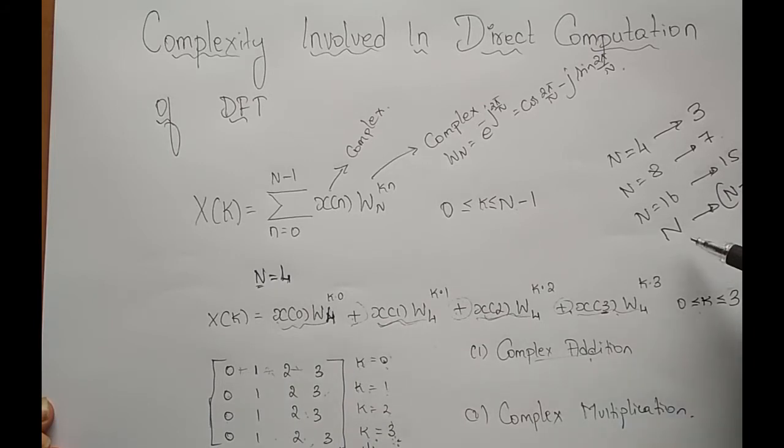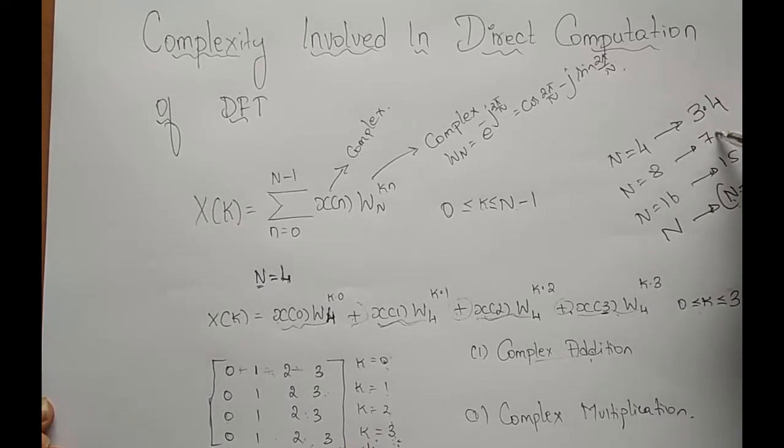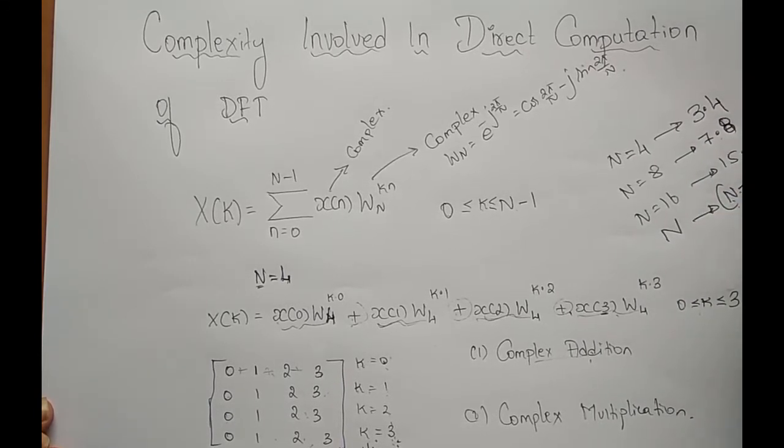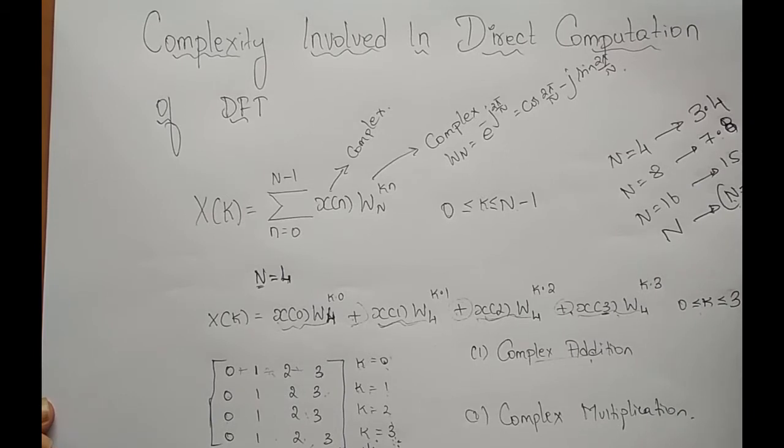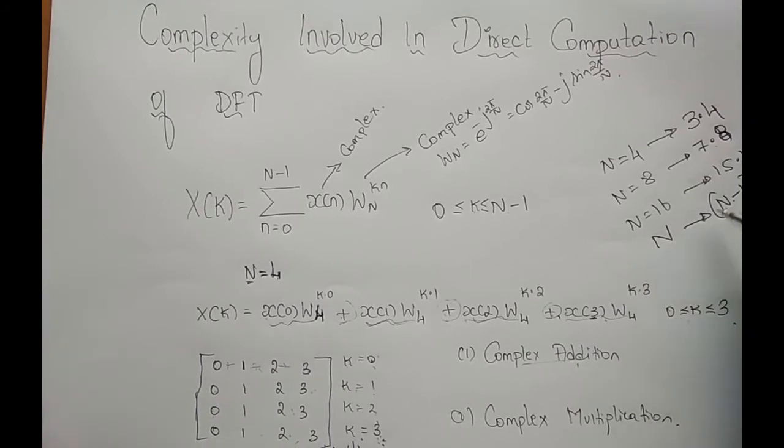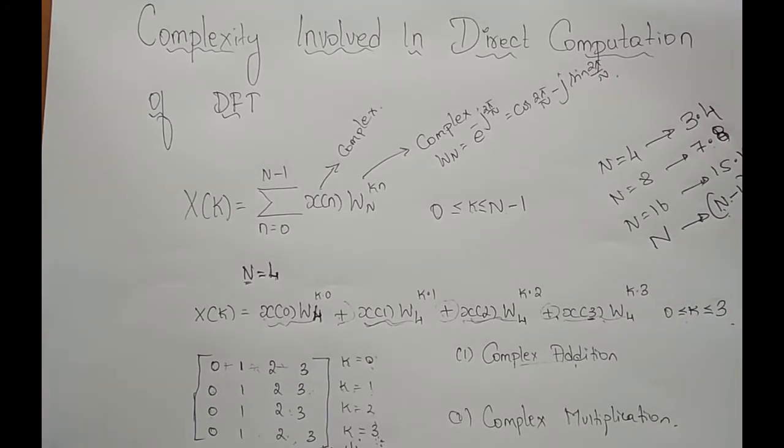But generally speaking, this is for N values of k. So for all values of k, this is 4 times 3, this is 4 times 7. Since it is 8 points, it is 8 times 7. Since it is 16 points, 16 times 15. And generally speaking, for N points, it is N times N minus 1.